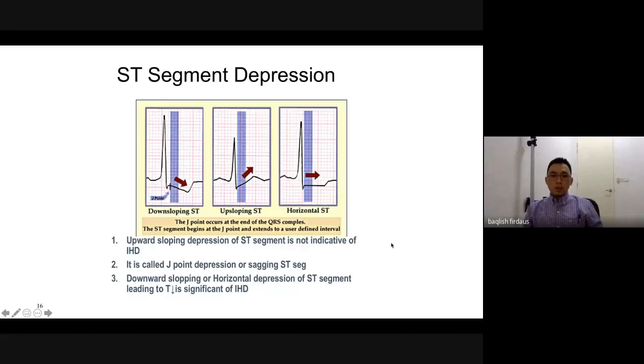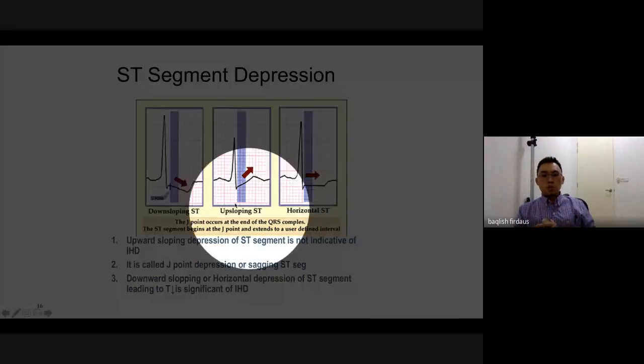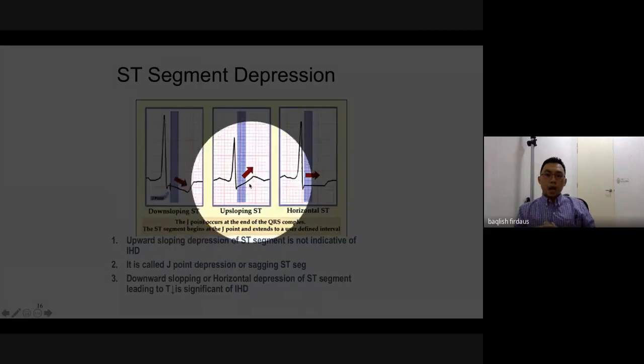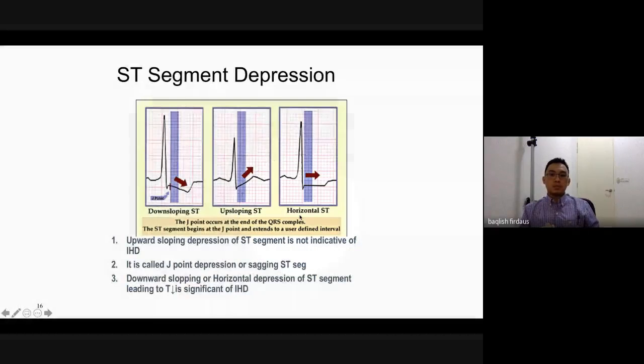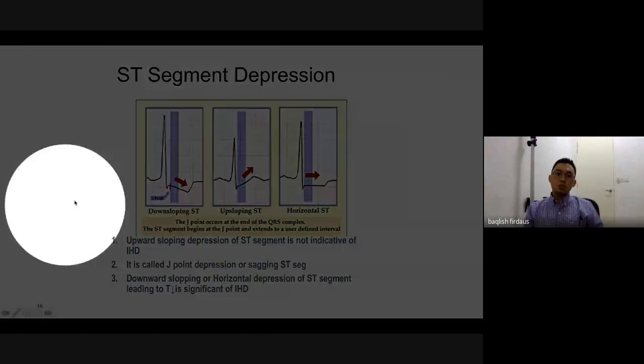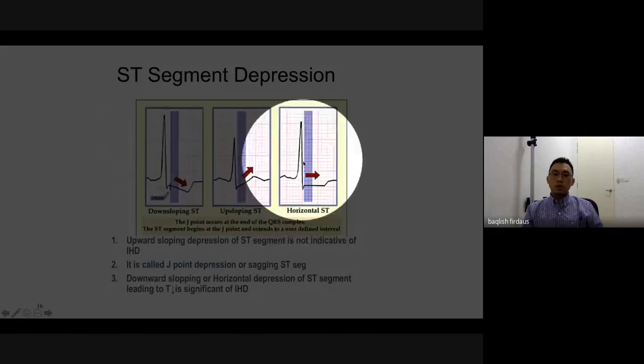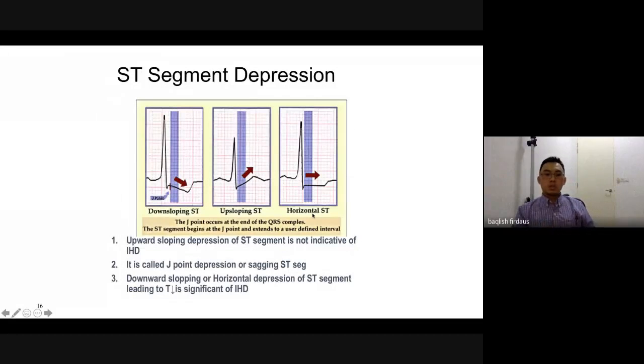There are a few types of ST depression that you will encounter when interpreting an ECG: downsloping, upsloping, or horizontal ST depression. In short, anything upsloping is good; anything downsloping or horizontal is considered ischemia.